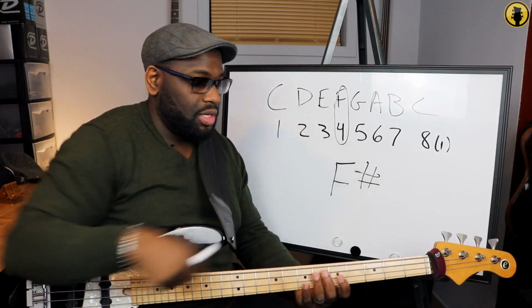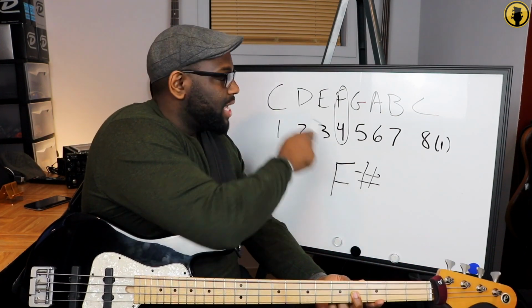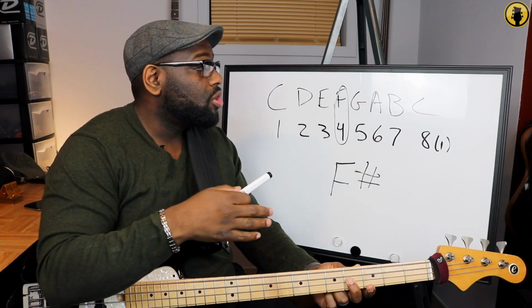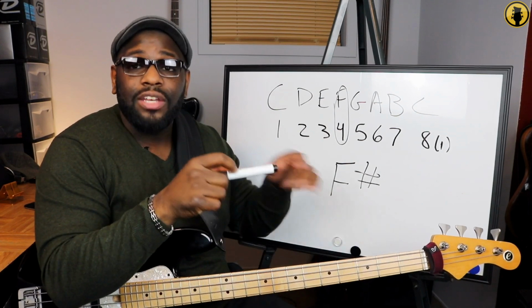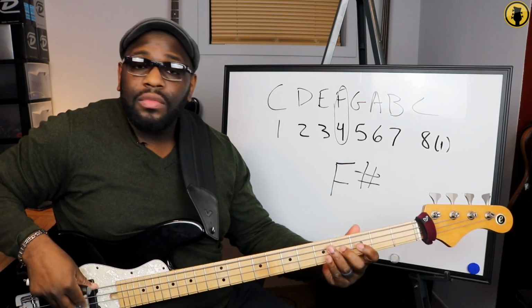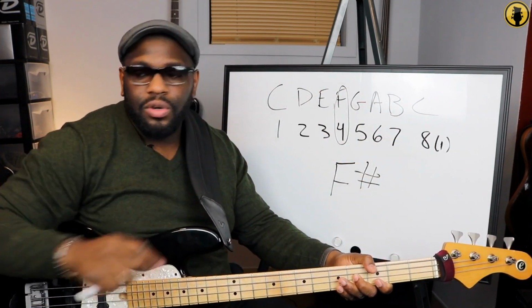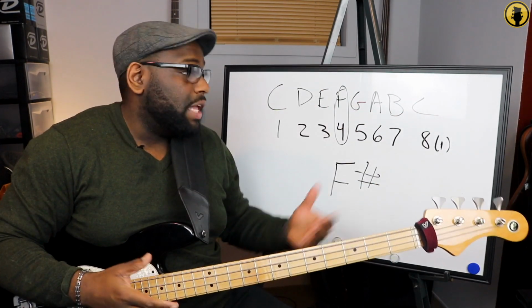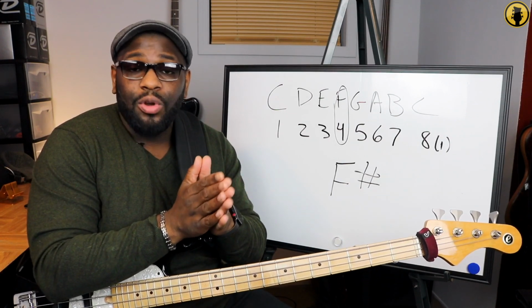Up, a semitone. That's F sharp. It's not inside of this major scale, but if you had to find an F sharp or an E flat or a G flat or A flat, it doesn't matter. Flat going the opposite direction, okay? You know these core notes right here. So all you have to do is find that note, then find the next note. Or if it's a flat or a sharp, go a half step down or a half step up.